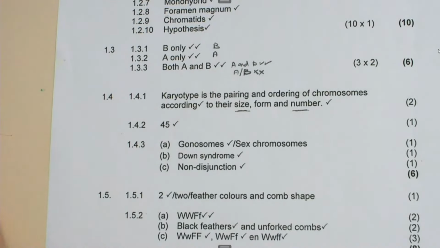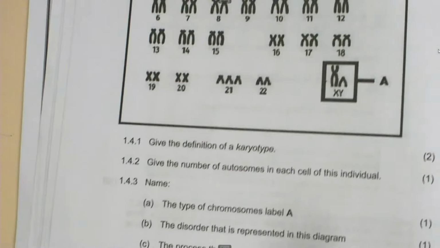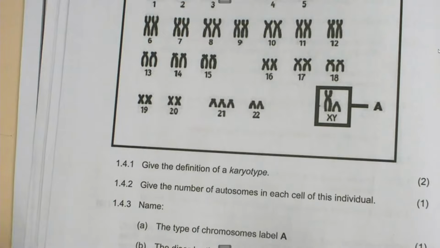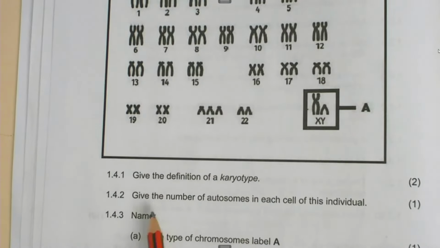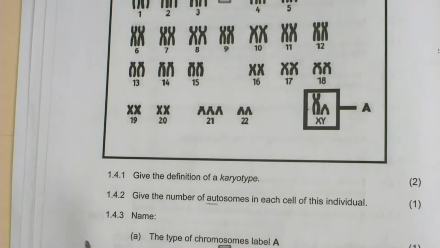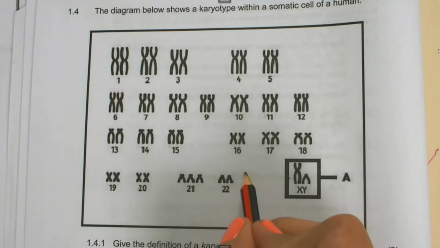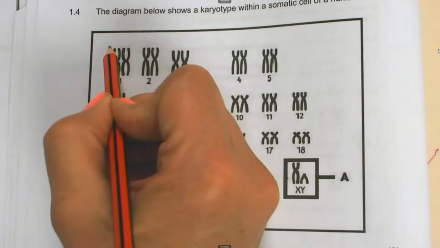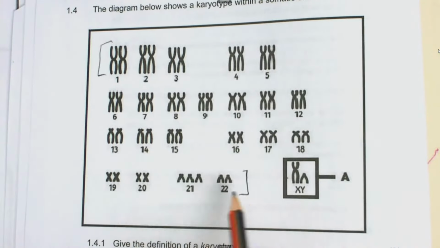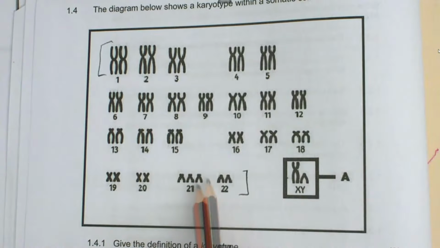in question 1.4, give the definition. Give the number of autosomes. The learners must know autosomes are only up till here. If I count it, normally it's 44, but in this case there's an extra one, so it's 45.